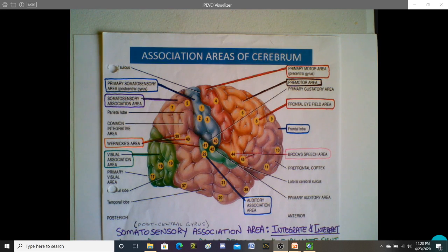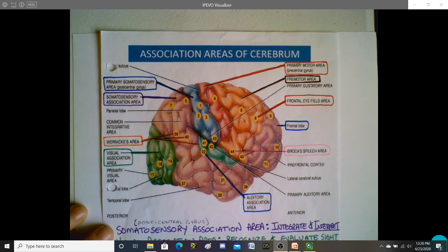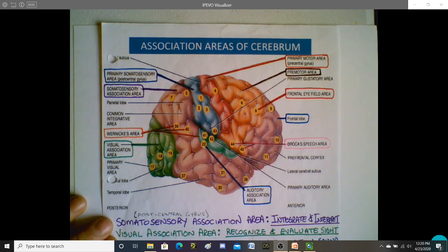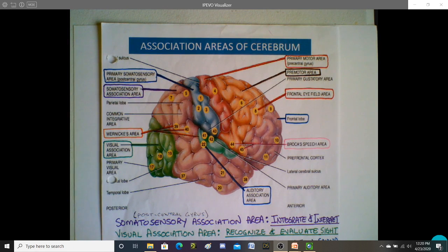All right. Now, I think this is really interesting. We're just going to kind of move around this diagram. I'm going to keep inching it up and talking about each one kind of individually. So our occipital lobe is going to contain the visual association area. So all of your vision information as you watch this video, as you look outside, all of the information from your eyeballs is going to be interpreted and integrated into the back of your brain, into this occipital lobe.